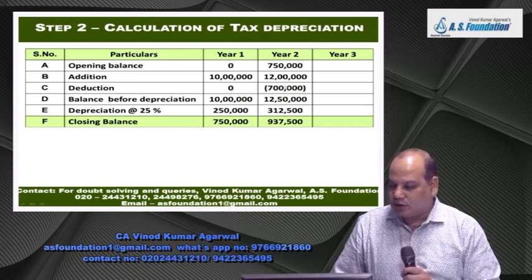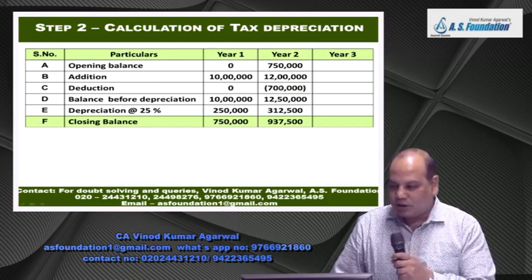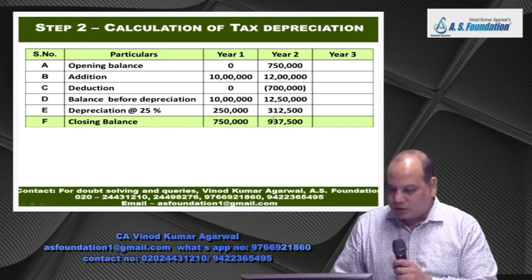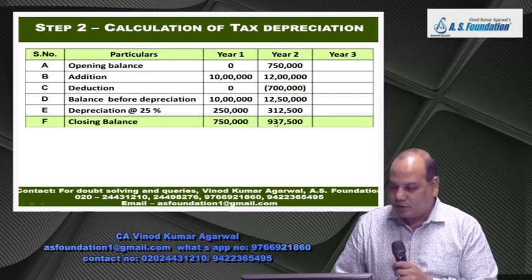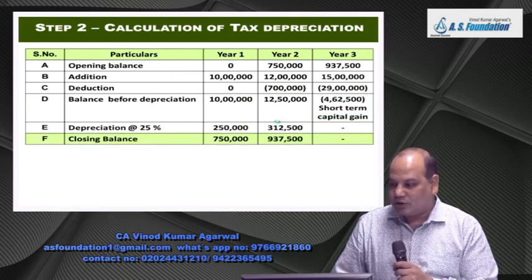In income tax, the entire sale value is deducted from the block. Depreciation at the rate of 25% is 3,12,500. So tax base at the end of year 2, 937,500. Is it right? Check third year.